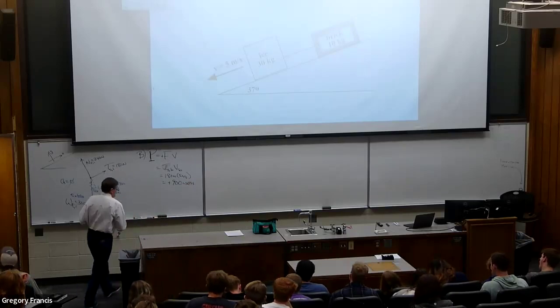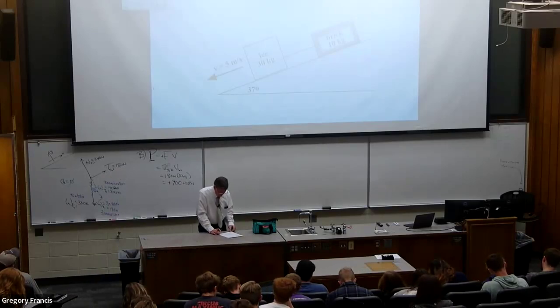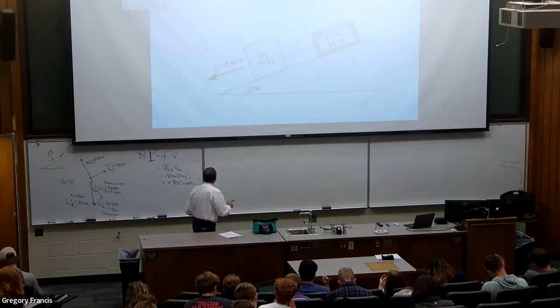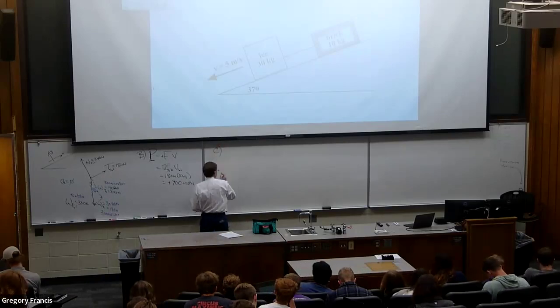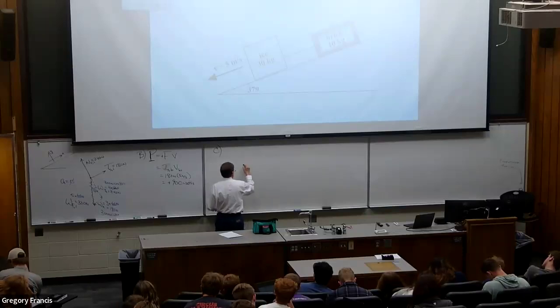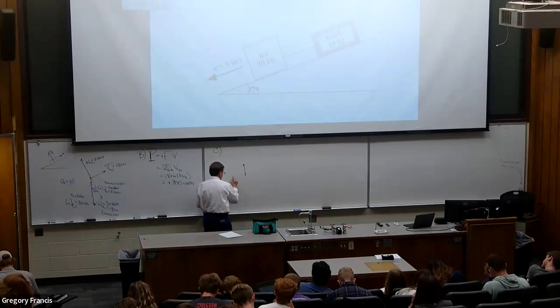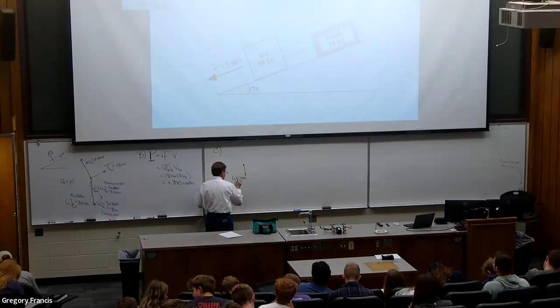Okay, now the next part, part C, is asking if the magnitude of the friction force on the brick is greater than, equal to, or less than the magnitude of the tension in the string. Well, we're being asked about a force on the brick, so let's draw a free body diagram for the brick. Well, I have a short weight force. That's only 100 newtons.